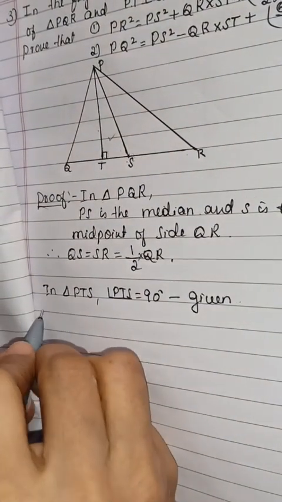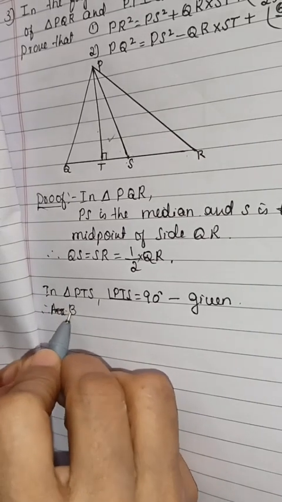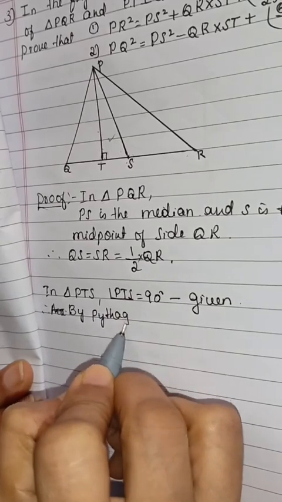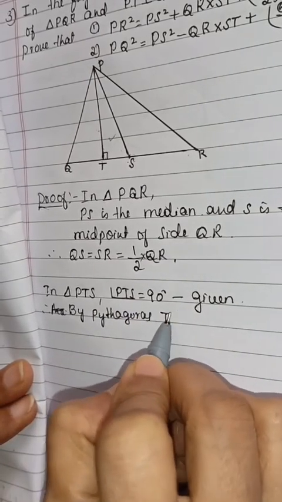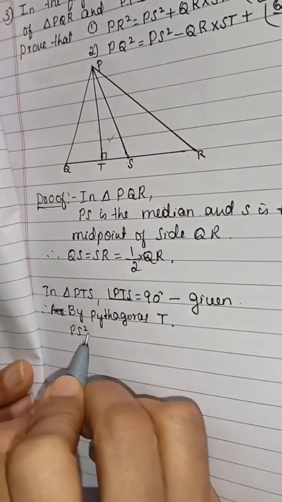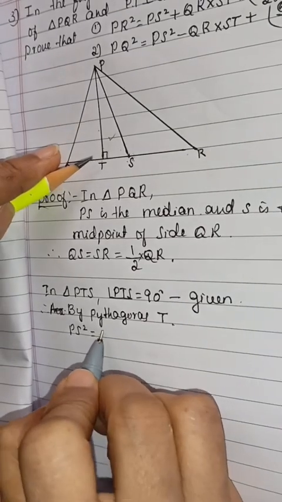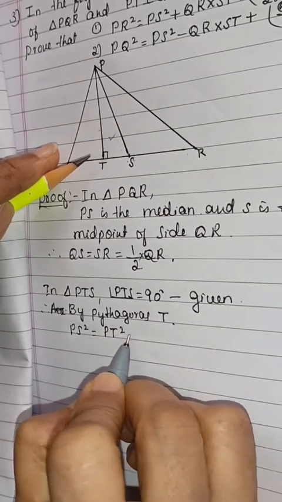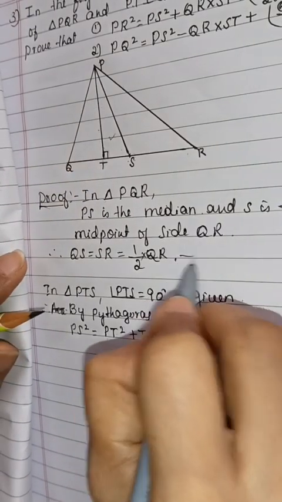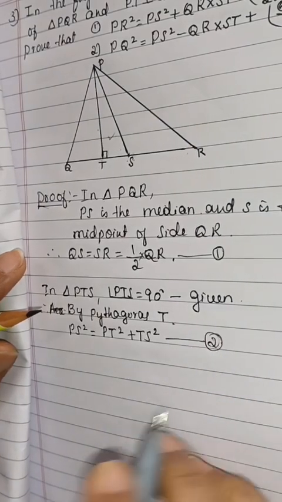Therefore, by Pythagoras theorem, PS square equal to PT square plus TS square. Let this be equation number 1.